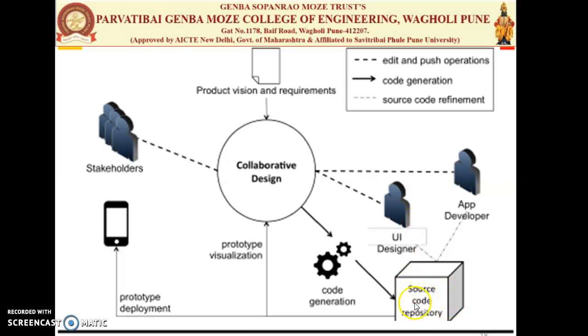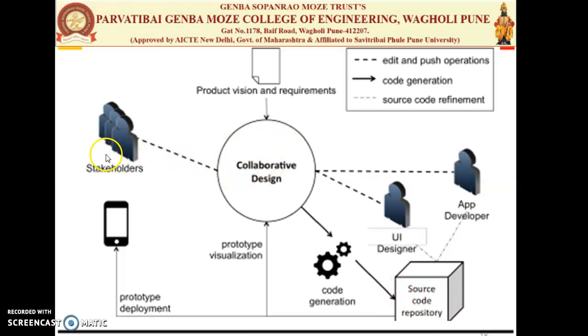First the prototype is prepared. Suppose the prototype is prepared on mobile, so prototype development is done, and the deployment is done. If the code is generated by the UI developers and the app developers, then they push the code in a collaborative design. The source code repository is there, and they also push the code in the source code and in collaborative development.